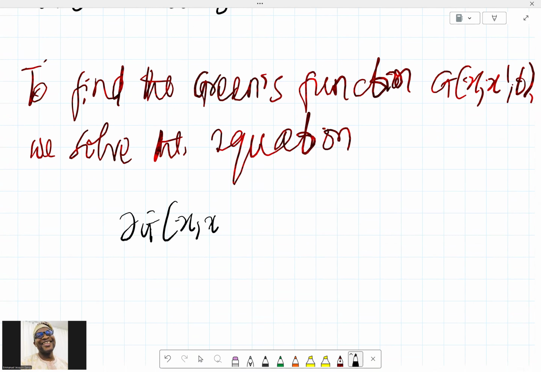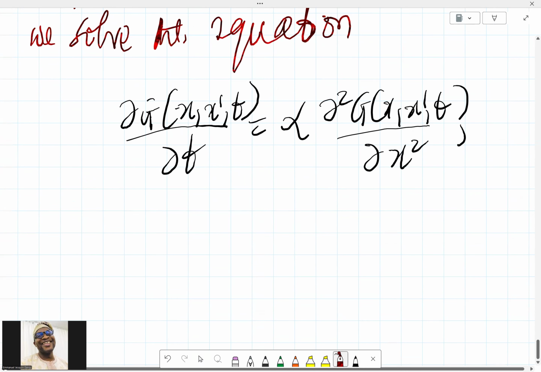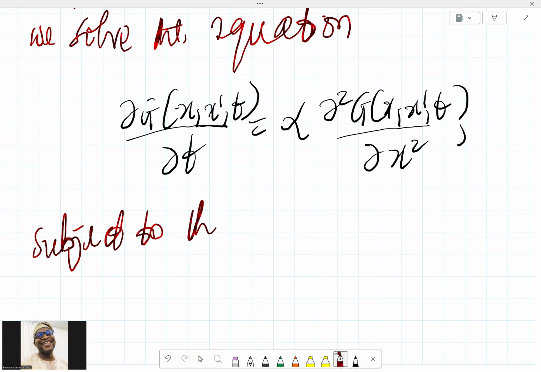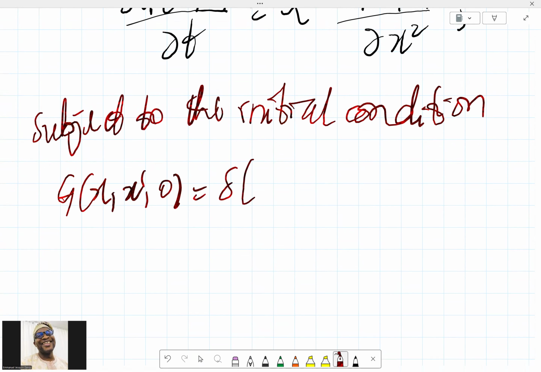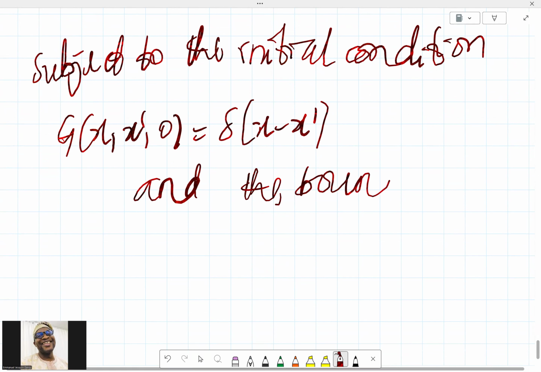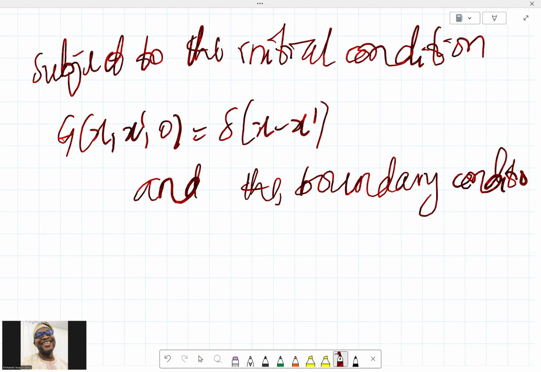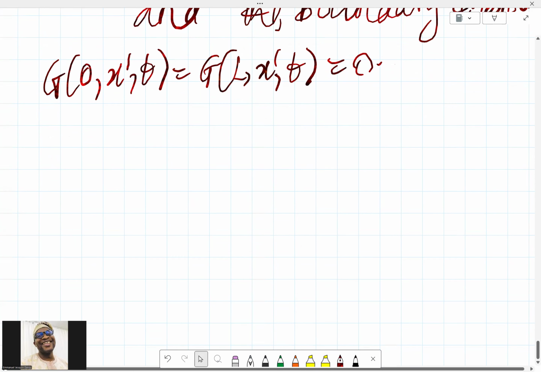Partial g x, x prime t, partial t equals alpha partial squared g x, x prime t, partial x squared, subject to the initial condition g of x, x prime 0 equals delta x minus x prime, and the boundary conditions g of 0 x prime t equals g of L x prime t equals 0. Okay, that's like the transformation into the Green's thing.